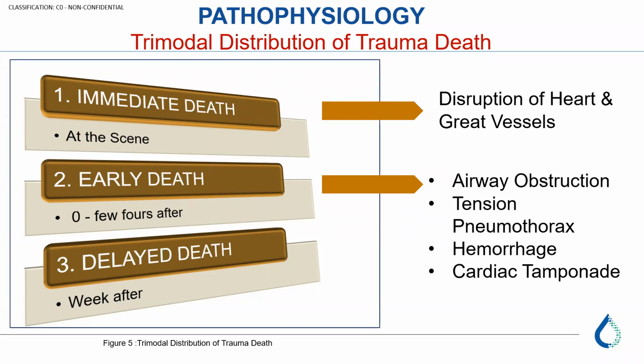Early deaths occur from 0 hours to a few hours, from airway obstruction, tension pneumothorax, cardiac tamponade, and hemorrhage. Delayed deaths, like sepsis or infections, usually occur after 1 week.